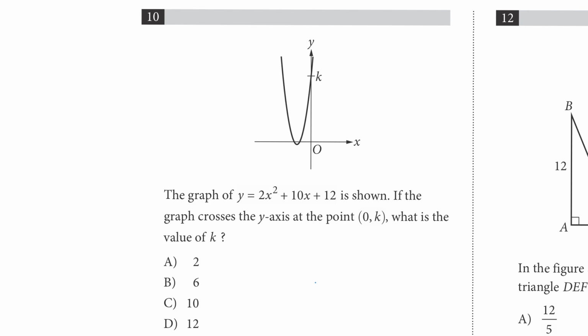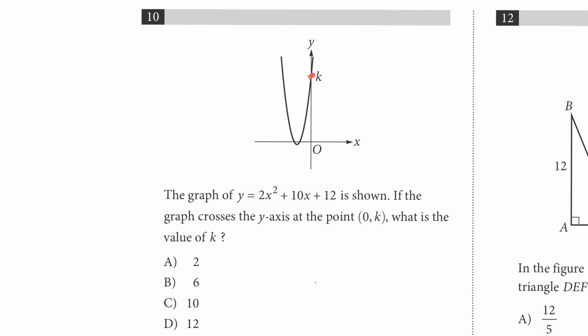Okay, we're at problem number 10. The graph of y equals 2x squared plus 10x plus 12 is shown. And so you have a parabola there. If the graph crosses the y-axis at the point 0, k, which is right here, that's the y-intercept, what is the value of k?